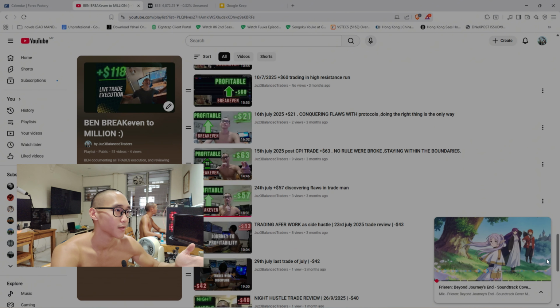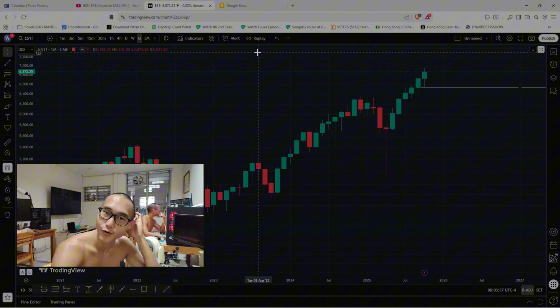That is one thing that made me feel like I should have checked, or maybe I could have just taken the continuation move, because this whole move itself is 60 to 70 points. And if I had executed on this, then definitely half of my drawdown would be gone already.